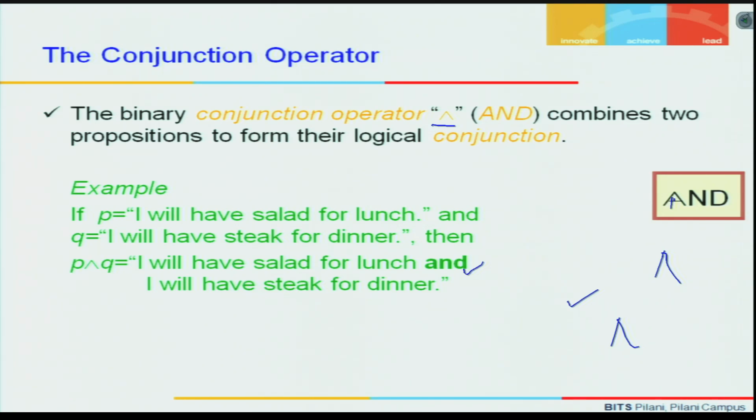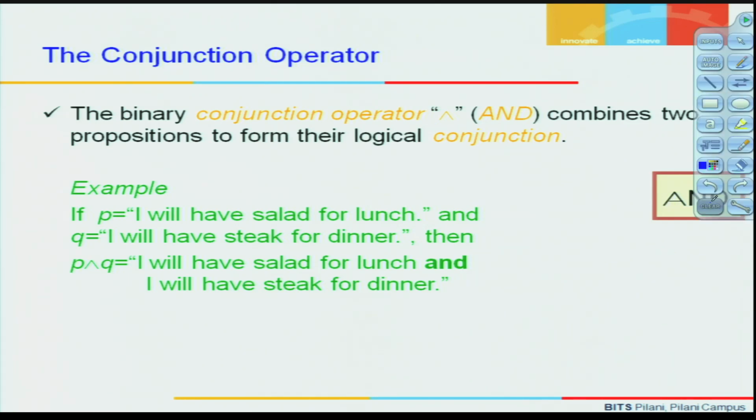However, we will see how this works. If I have two propositions, P, which is defined as I will have a salad for lunch, and Q, another proposition, I will have a steak for dinner. These are propositions.